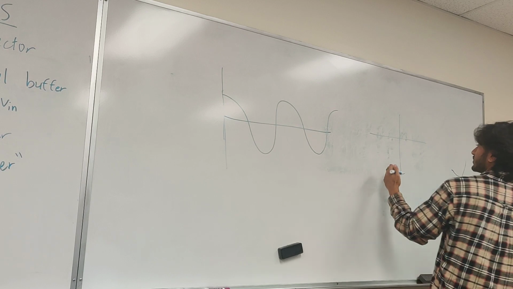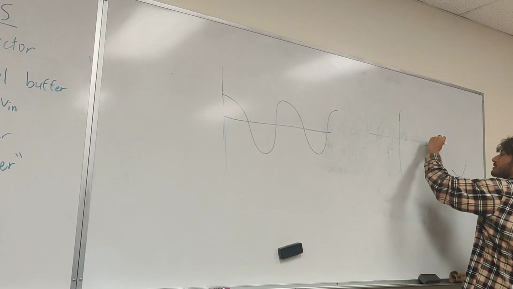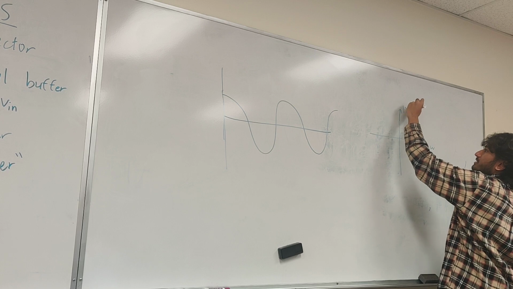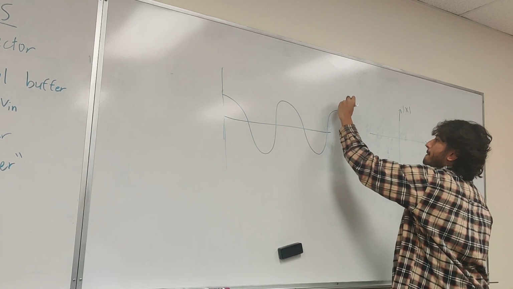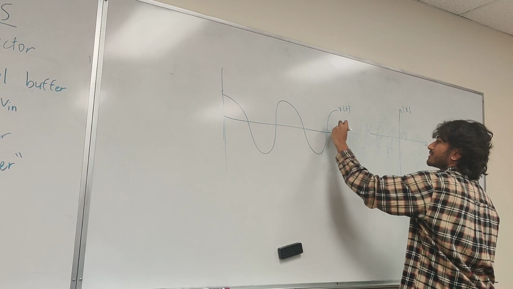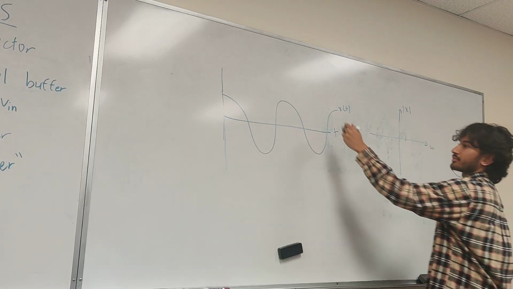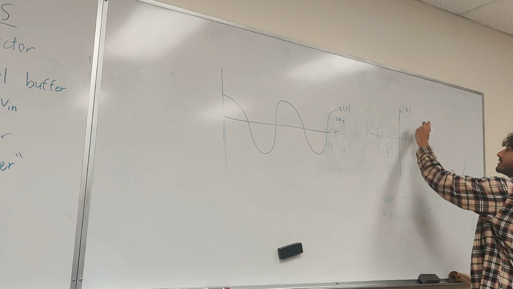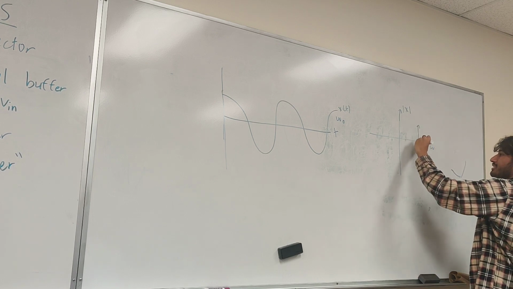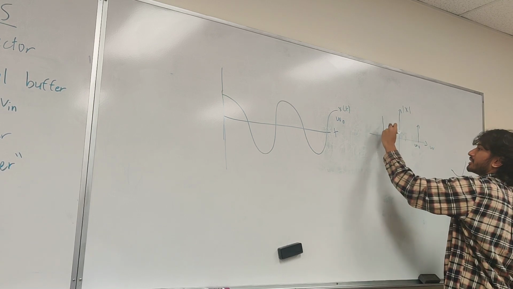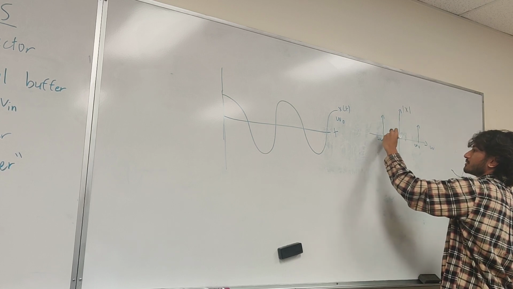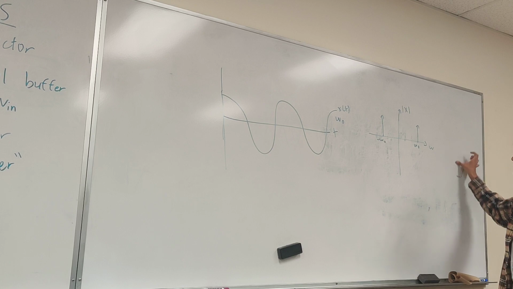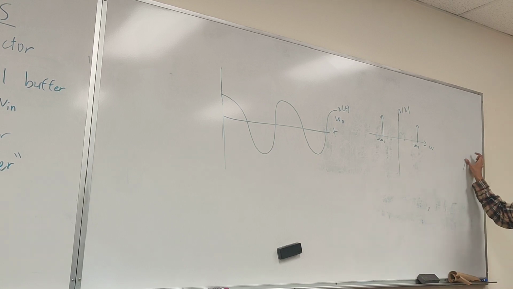So in the frequency domain, it's the magnitude of x. If this is at a frequency, let's say omega naught, you'll have one peak over here at omega naught, and one over here at negative omega naught. Same amplitude. This is what we refer to as a single tone, single frequency.